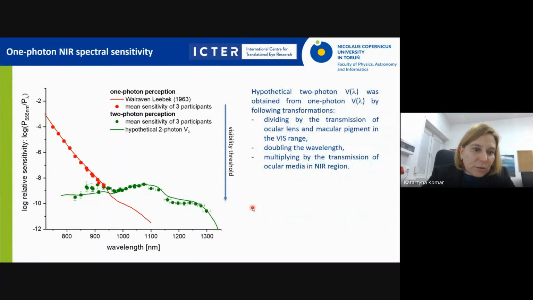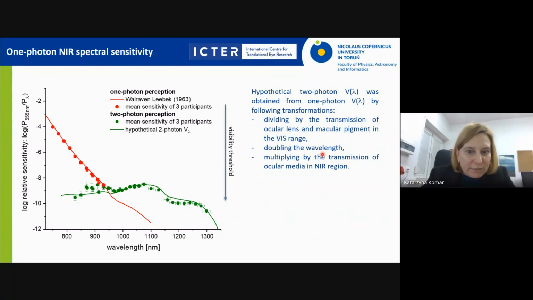And to explain the shape of this sensitivity, we did some operations on the normal 1 photon V lambda curve. These operations were as follows. First, we divide this normal V lambda curve by the transmission of the ocular lens and macular pigment in the visible range.